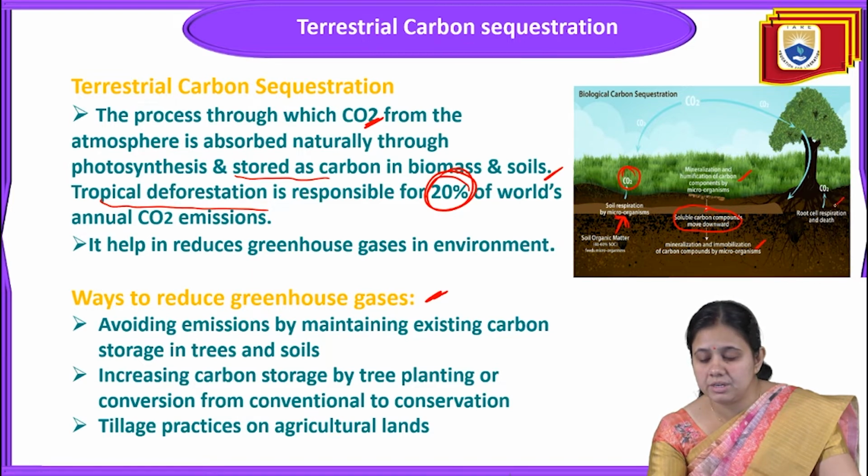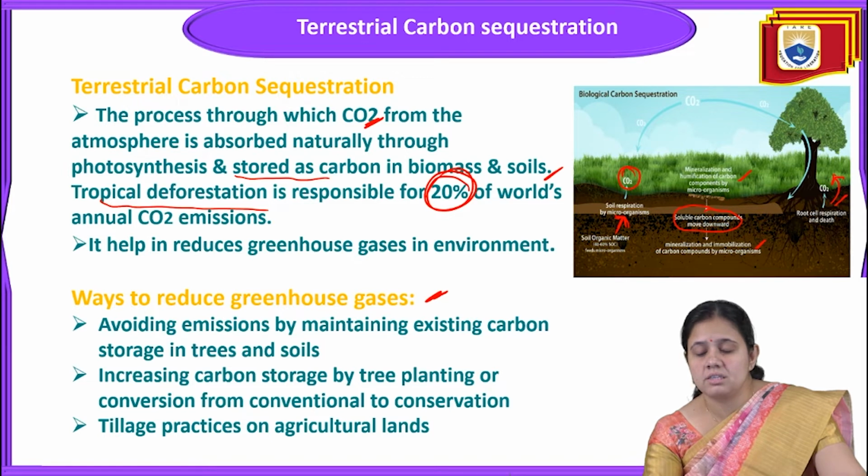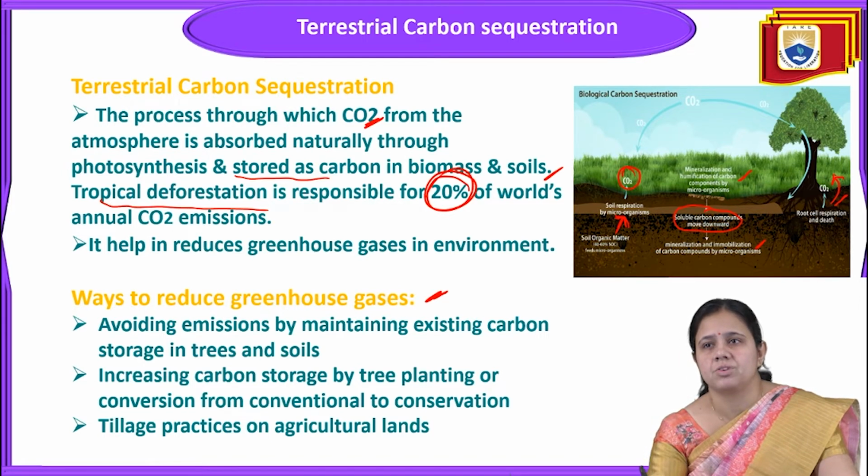Then root respiration and death occur, and in this way CO2 passes again into the tree. This is the complete pathway of carbon dioxide in the terrestrial atmosphere: from the soil to the atmosphere, then back to the trees, and then again to the soil.